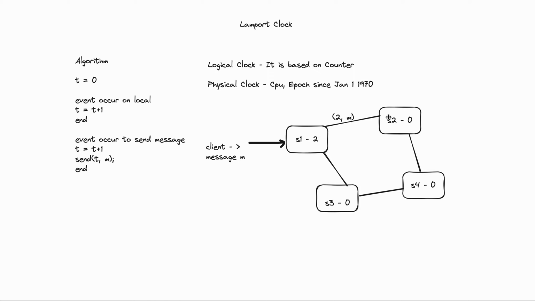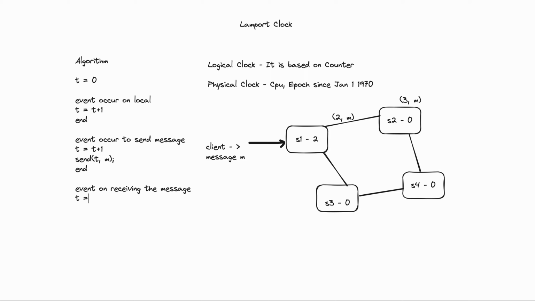to this node. Upon receiving this message, it checks against the current Lamport clock of S2. The received 2 is greater than 0, so here it will store 3, m. Upon receiving a message, in the Lamport clock algorithm there is one more thing to add: on the receive event it increments the counter.